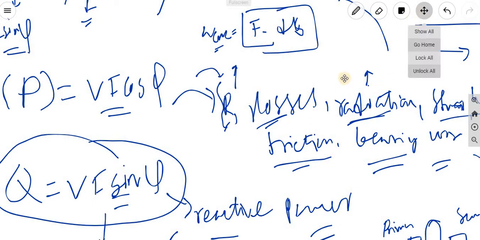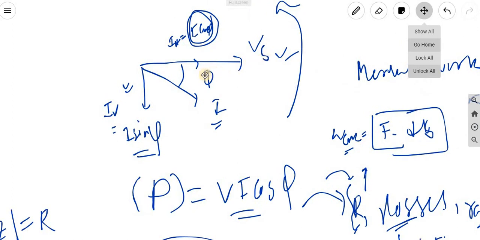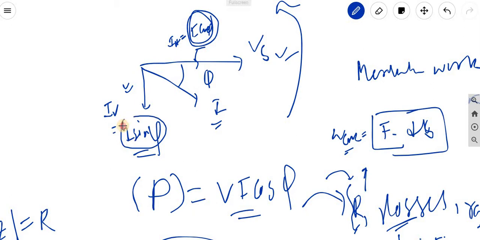Now one more thing, if you see, if it is like this, the current is lagging, and there is a component in the same phase with the voltage, that component is known as the active component, I cos phi, and this is known as the reactive component of current.